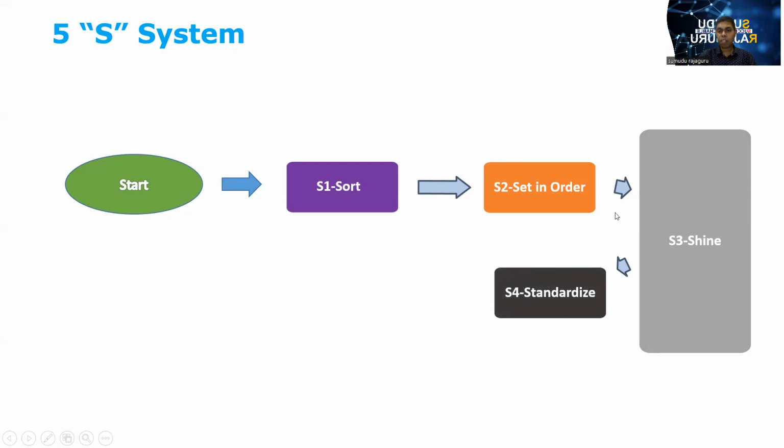These first three, sort, set in order, shine, we have to maintain. Because of that, we are doing the standardization. Then sustain, and this is like a circle, because again after some time we have to do the sort activity. Then again sort, set in order, shine, standardize, sustain. So this is also a continuous improvement cycle, never ending. It goes like a loop.